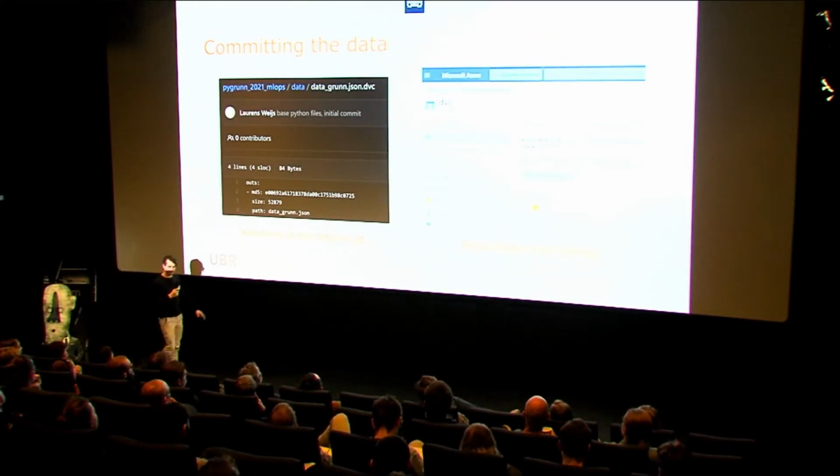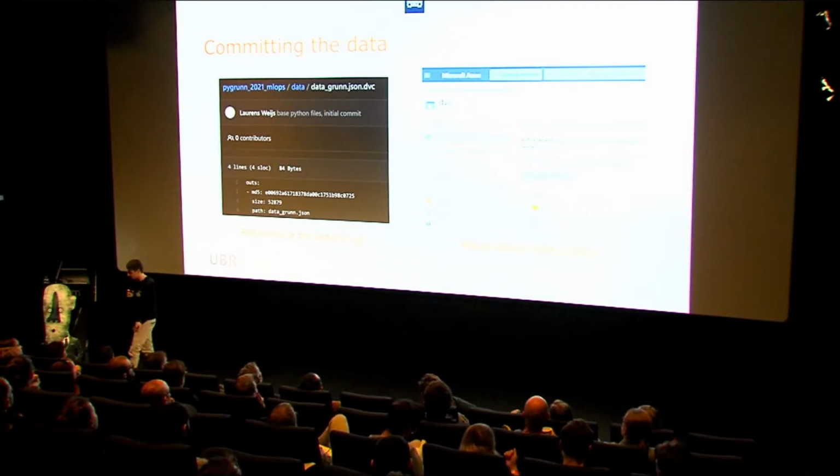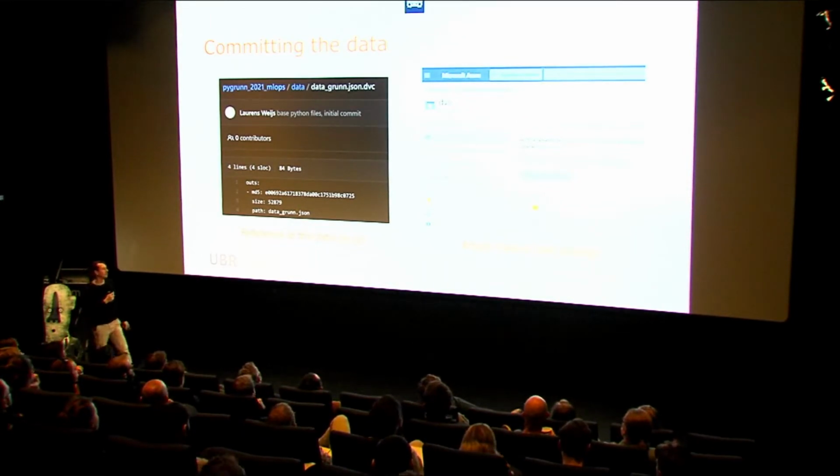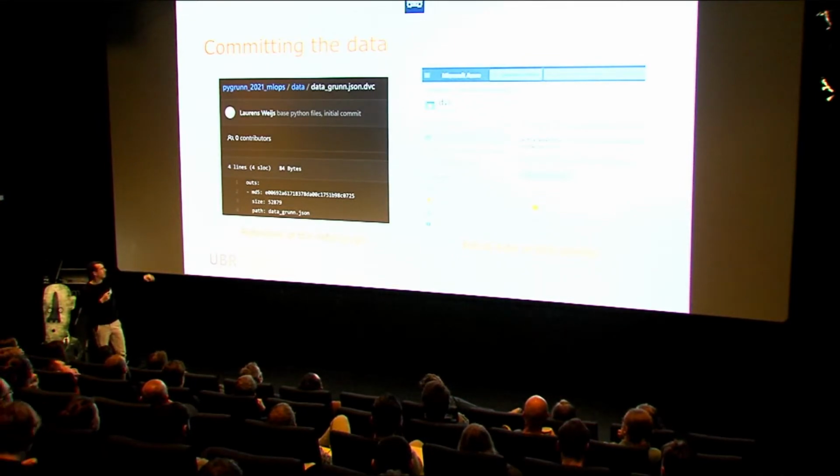Let's show a little bit what is actually going on there. On the left side you see the snapshot of Git. So what this DVC file looks like, you can see here it's really only the reference to its specific location, that's the hash of the data, and as well the path that is locally stored there.